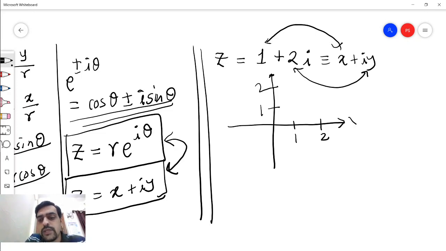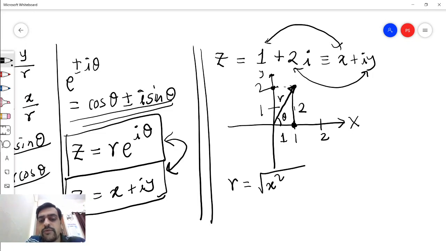So the x coordinate will be 1, the y coordinate will be 2. If we join these two, we'll get this point and we'll draw a line. So what will be this theta now? We can just say that this distance is 1, this distance is 2. So how much will be r? r is just root of x squared plus y squared, which is root of 1 squared plus 2 squared, which is root 5.